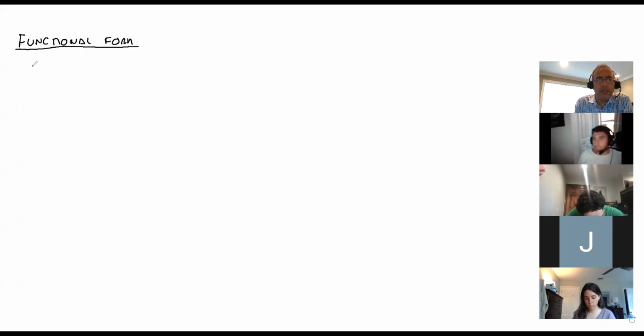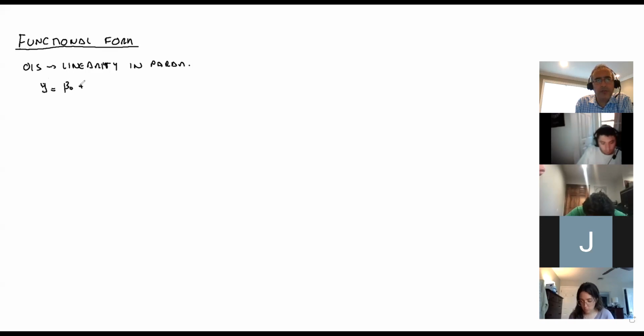Okay, so remember that the OLS model, guys, one of the assumptions is linearity in parameters. Basically this implies that I can have a model like this one here, for example, beta 0 plus beta 1 x1t plus beta 2 x3t plus an error.